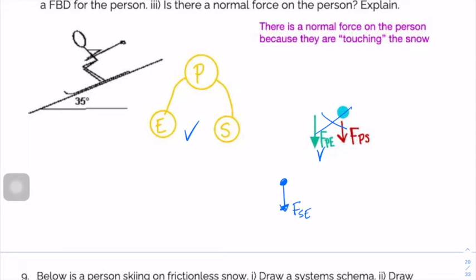But the force on the person by the snow goes perpendicular to the hill. So that force is the wrong direction. The label's okay though. There's a normal force on the person because they are touching the snow. Good definition. That works for me.